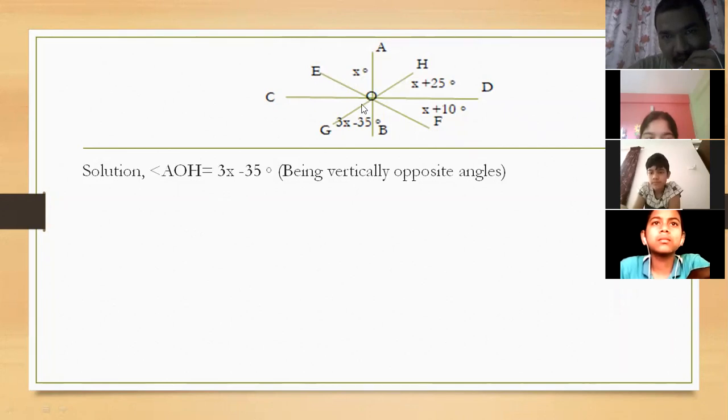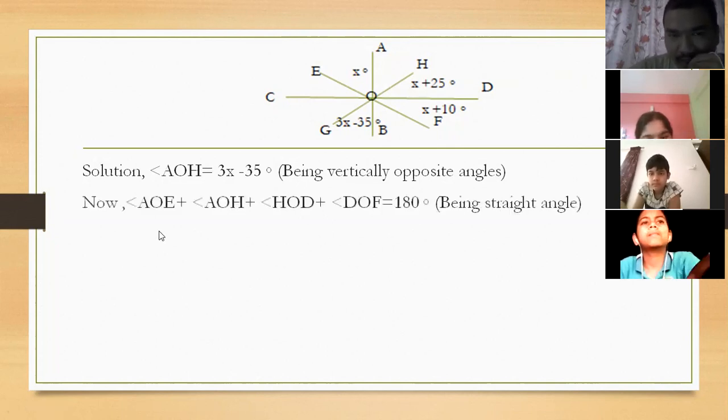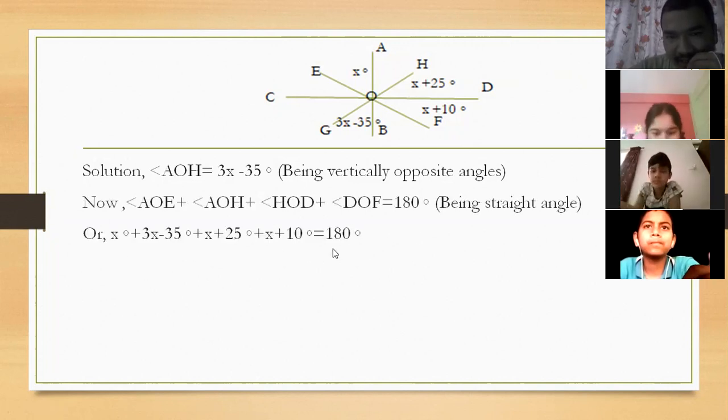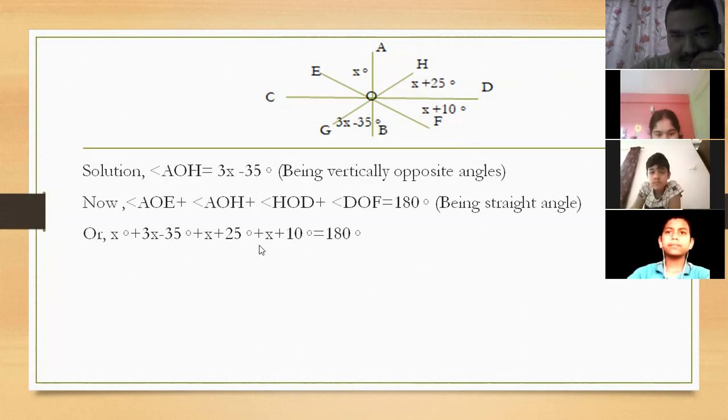Look, EOA, AOH, HOD, DOF. These four angles make the straight angle, right? Now add all this, and then you will have 180 degree. x plus 3x, 4x plus x, 5x plus x, 6x. Minus 35 plus 25 means what?